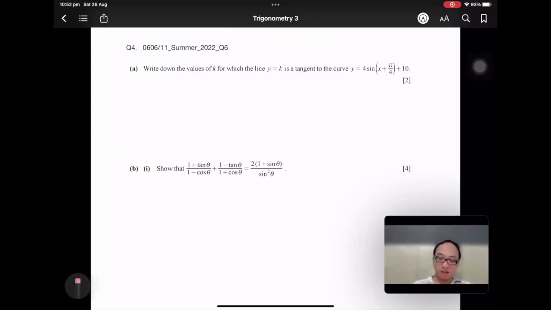So in this case, if I draw, this will be the principal axis.